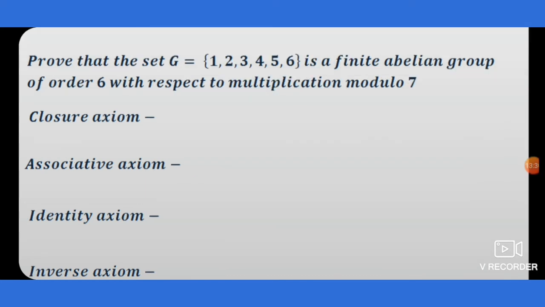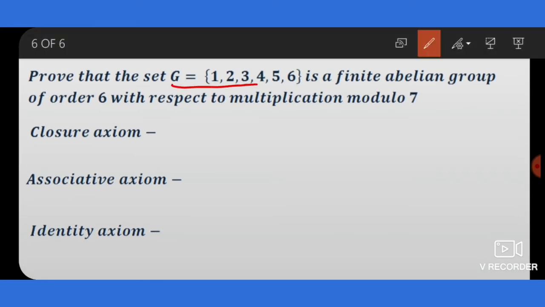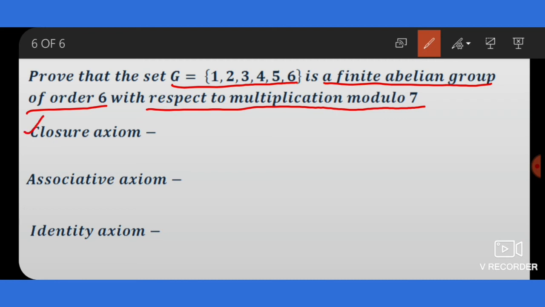Another example of a group: multiplication modulo. Prove that the set G equals {1, 2, 3, 4, 5, 6} is a finite abelian group of order 6 with respect to multiplication modulo 7. First one, closure axioms.